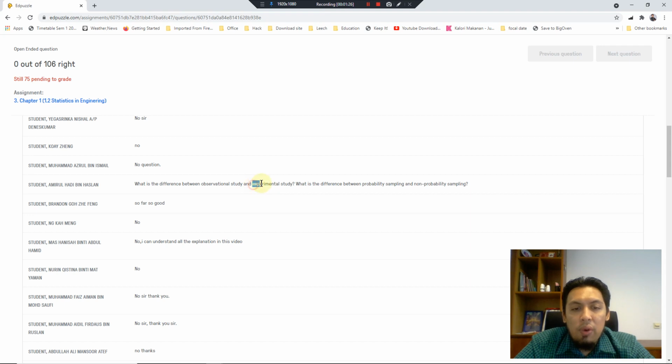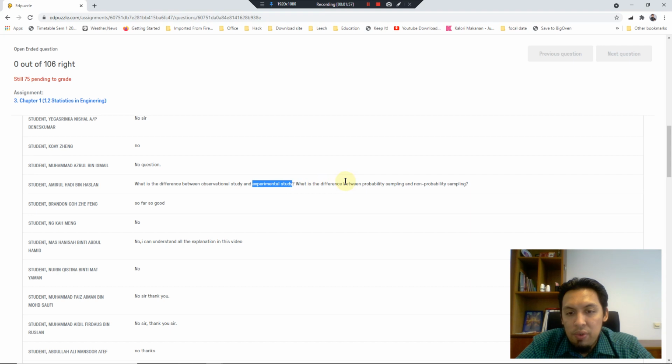And for experimental study, it can be controlled, because you will experiment with certain inputs to get certain outputs, and this is usually conducted indoors. So that is the main difference between observational and experimental. And usually experimental is not social science. Usually this is what engineering or science students or people do.